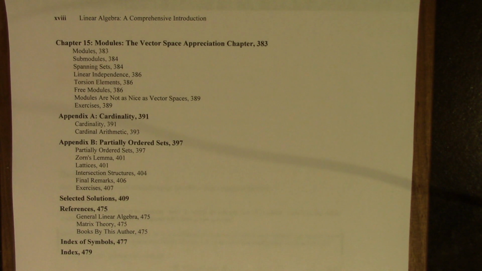In a way, it's too bad I can't do this chapter first at the very beginning of the course, because then as you study vector spaces, you'll be saying, gee, these are nice, especially compared to modules. But it's not really, I think, an appropriate organization, or at least certainly not traditional organization.